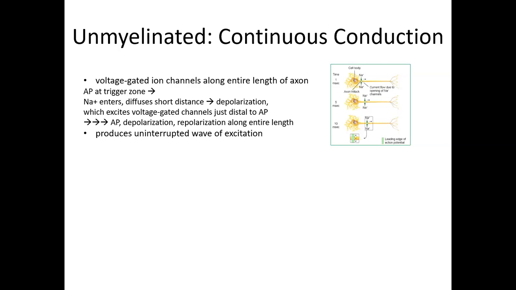And so we're going to have this progressive action potential depolarization followed by repolarization along the entire length, producing this uninterrupted wave of excitation that travels towards the terminal boutons.